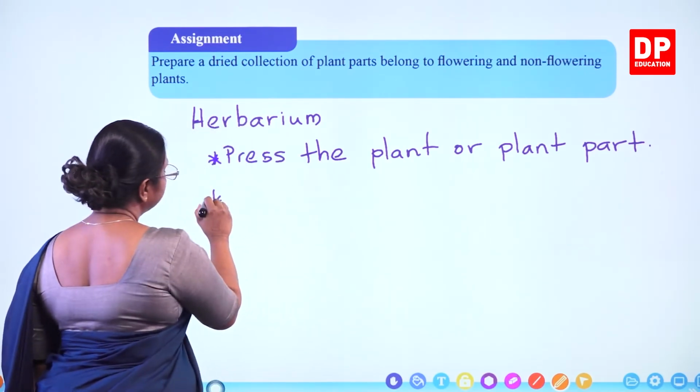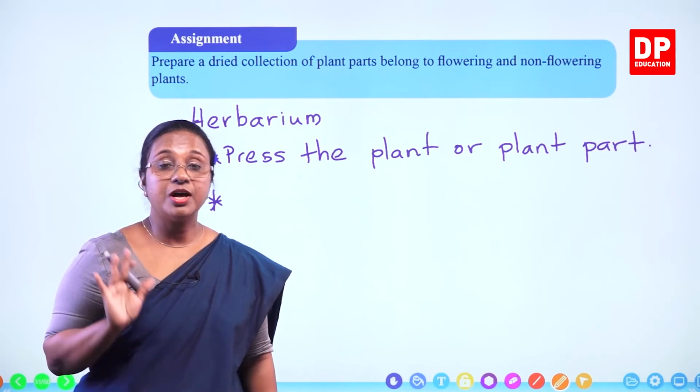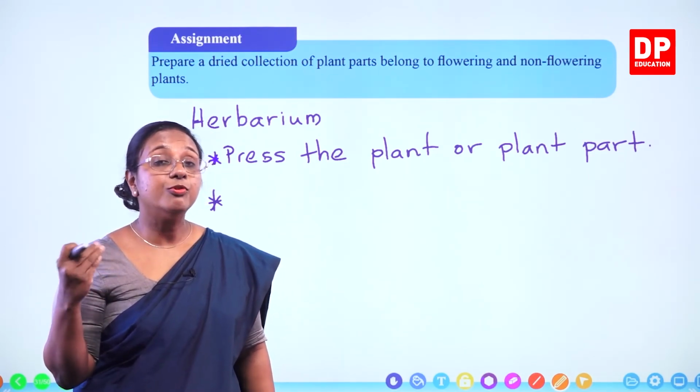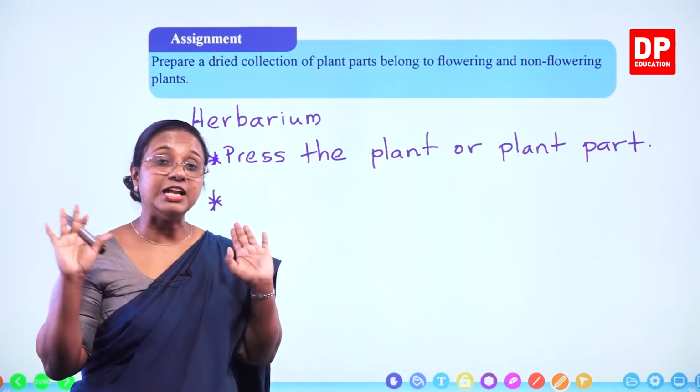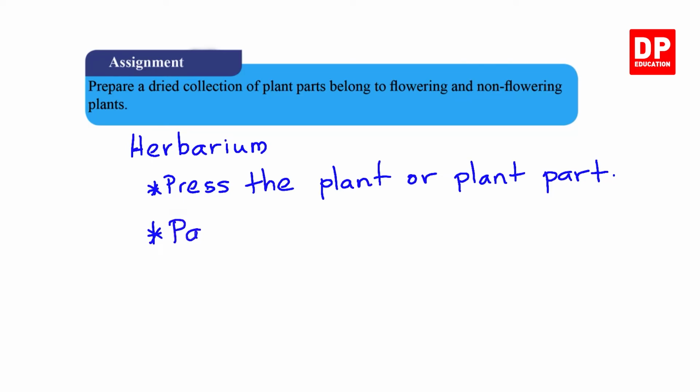Then what do you need to do? You need to arrange it and paste it onto large sheets of paper, mostly cardboard paper or A4 boards. On those boards you paste these plant parts.